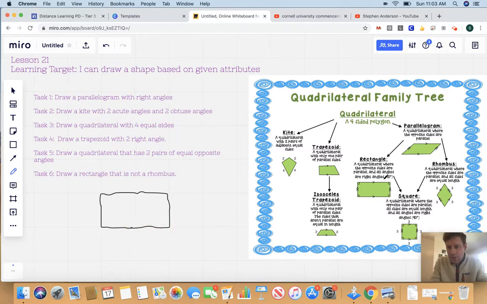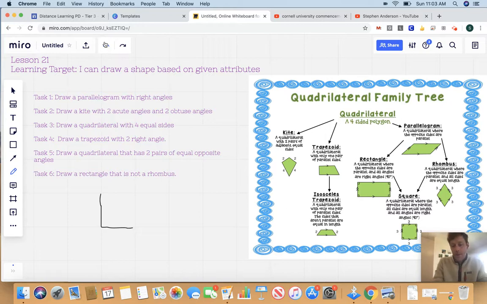A rectangle, in fact, has opposite sides that are parallel. Here's a side that's parallel, and here's a side that's parallel. Okay?